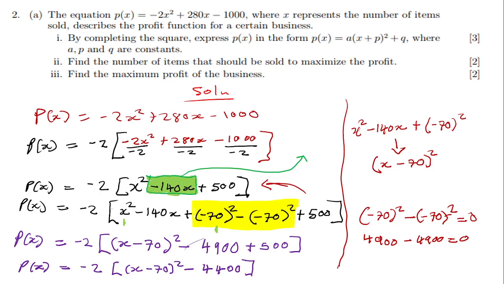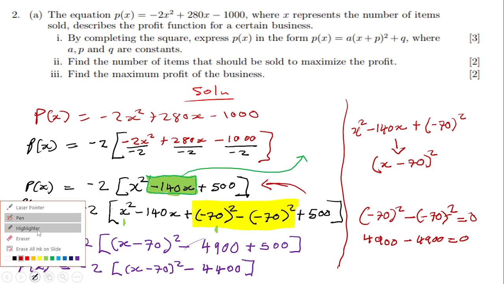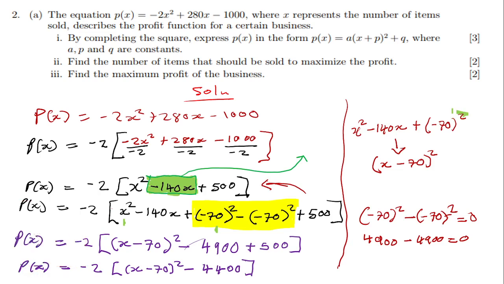Sir, how do you get rid of negative 140 in that part where you highlighted the negative 70 squared? The 140 has disappeared because this whole expression here is the same as that expression. From this stage to that one, this expression is the same as that expression.